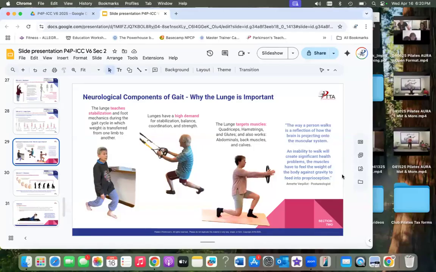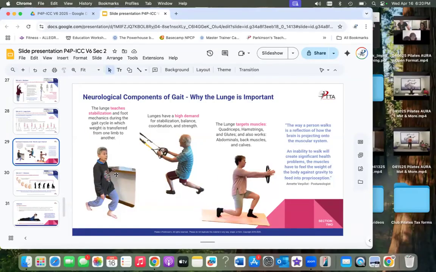That's what feeds your proprioception and helps you with stability and balance. You have to be weight bearing when you're walking. So you have to be weight bearing when you're lunging. And sometimes if you can't weight bear independently, like this client, you can use support.